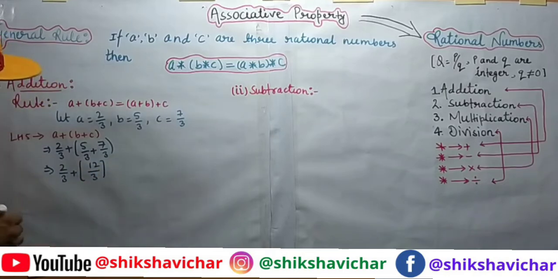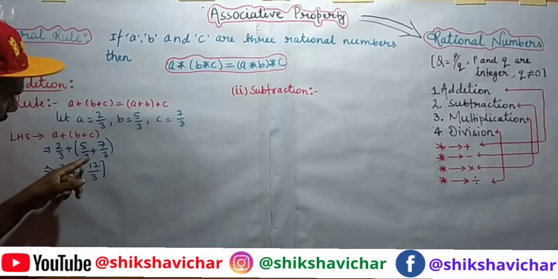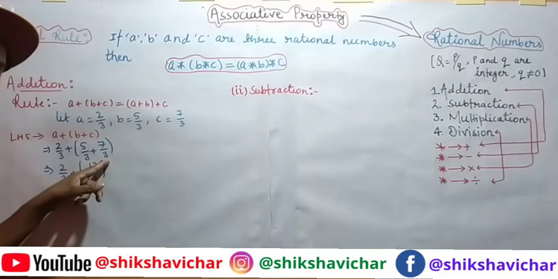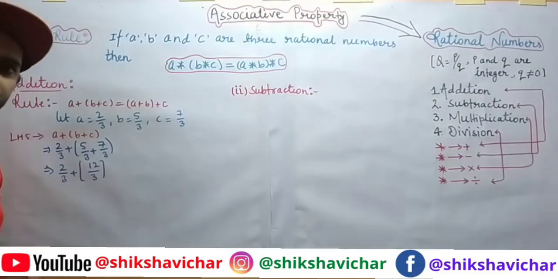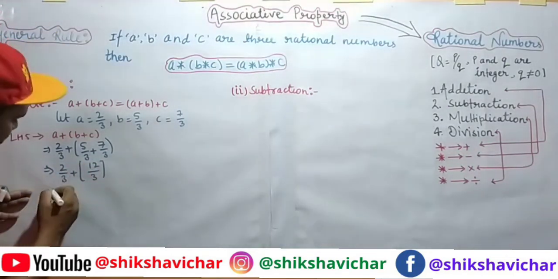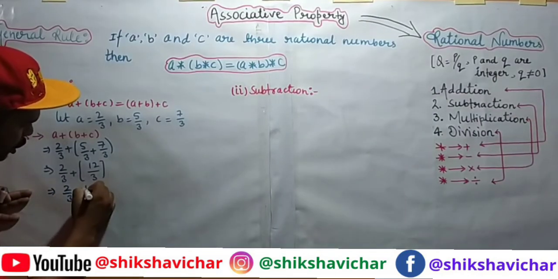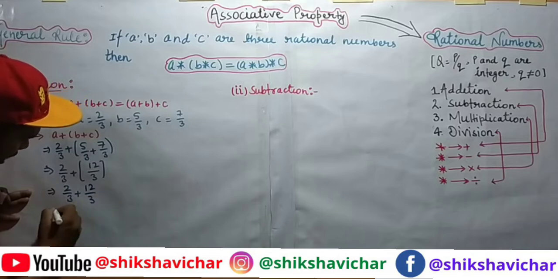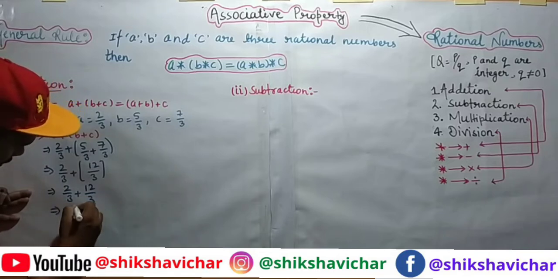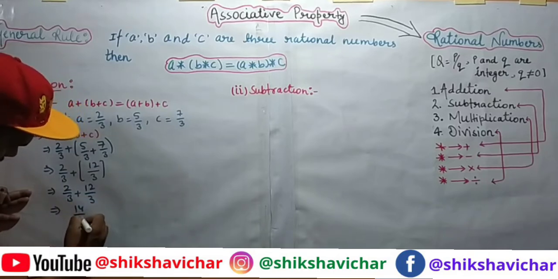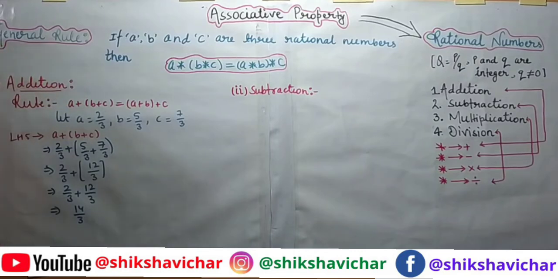Why? Because the denominator in both the numbers is the same. That is why we did not take any kind of LCM. That will give us 2 upon 3 plus 12 upon 3, and after solution we will get 14 upon 3. So this is the value of the left hand side.